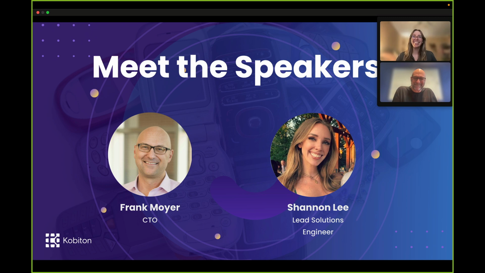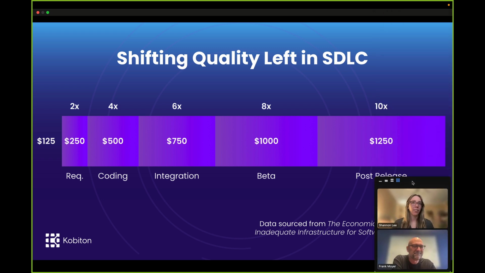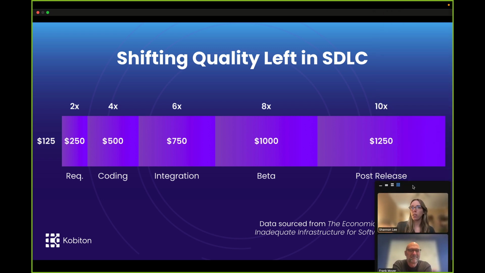Huge passion for mine. All right, so just quickly setting the stage when it comes to the software development lifecycle and when we are speaking to quality within the software development lifecycle. We have found that when you shift left, so when you begin testing as early as even just the requirement phase, you have a greater return on investment when catching defects versus if defects were found later in the cycle, within the integration phase or even post-production.